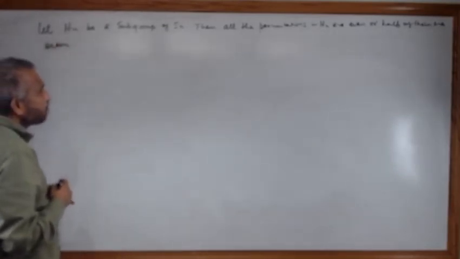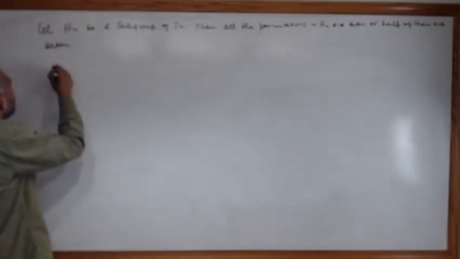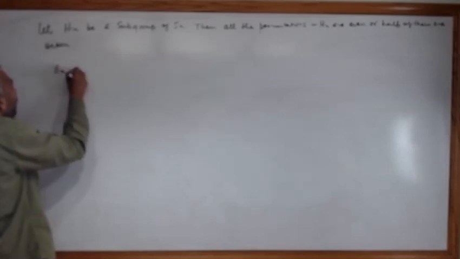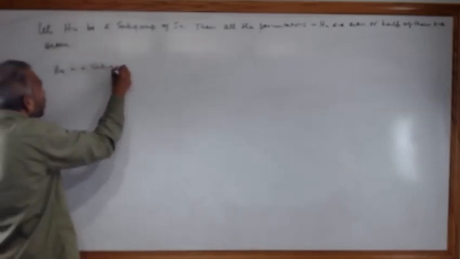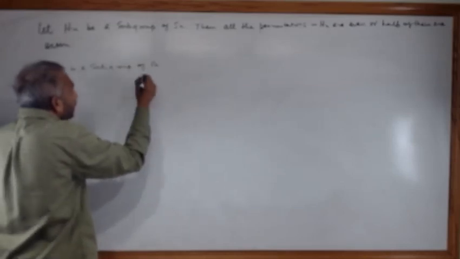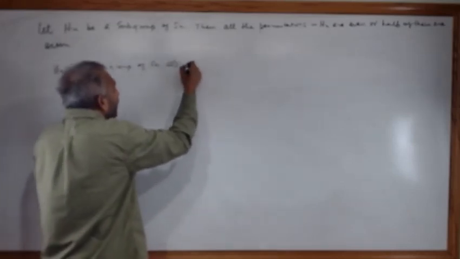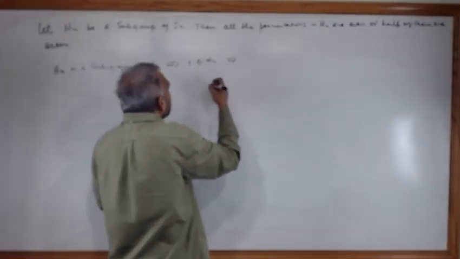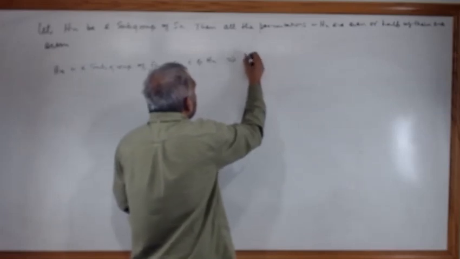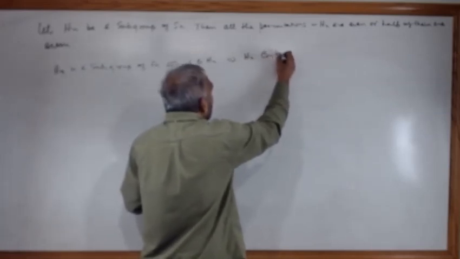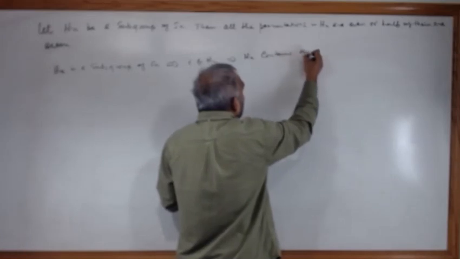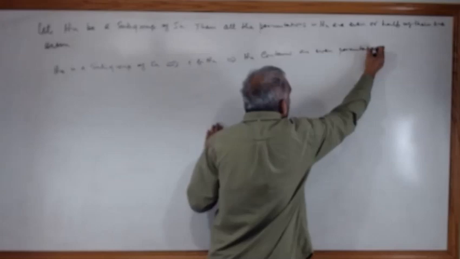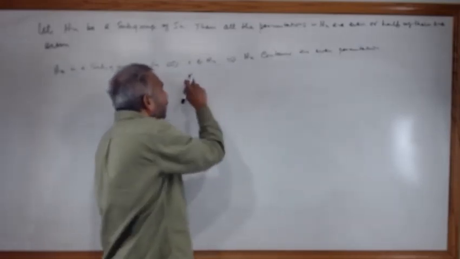See, Hn is a subgroup of Sn, and that implies I belongs to Hn, and that implies Hn contains an even permutation, because I is always an even permutation.